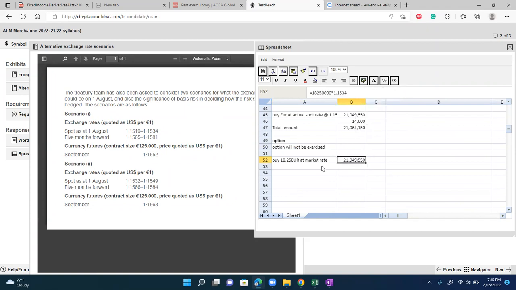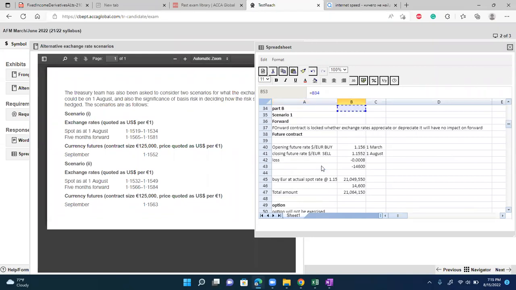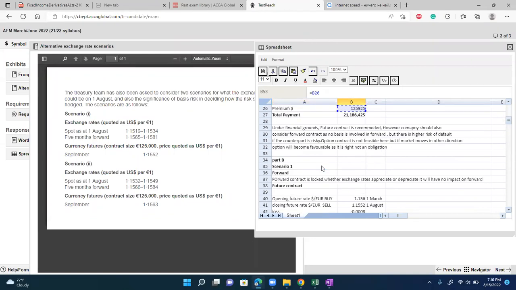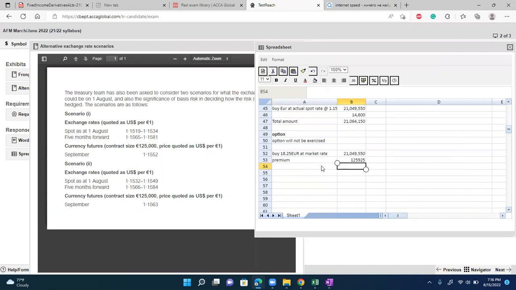But guys, you still have to pay the premium, whether you buy from the market or not. So the total cost will be this. So you will not exercise the option, you will go to the market.